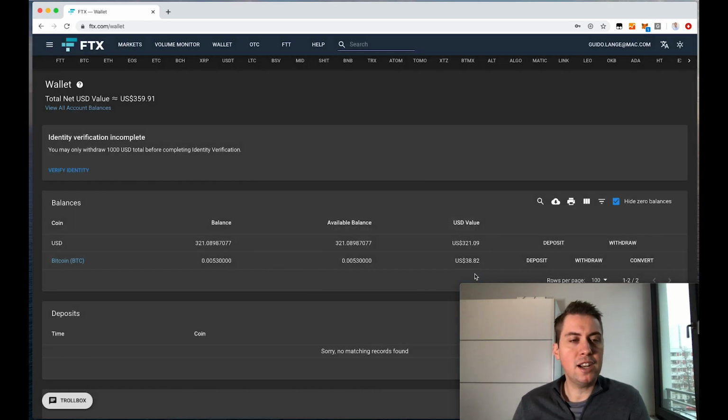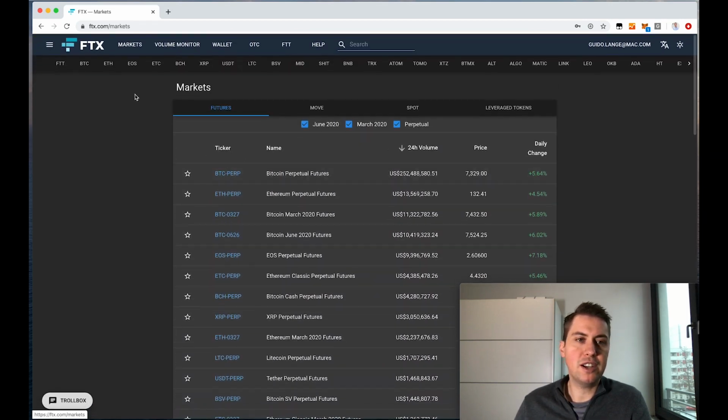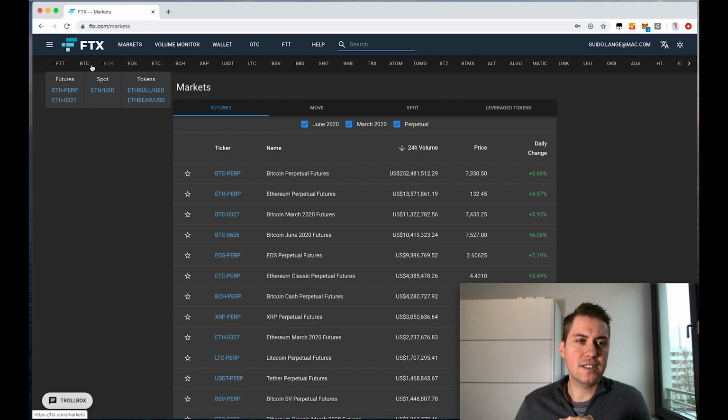So if you have money in your account now in order to trade, you can either go to Markets here, then see all the different markets that you can trade on FTX, or you just click here. Those are basically all the coins and cryptocurrencies that you can trade on FTX. And then you have different kinds of contracts.